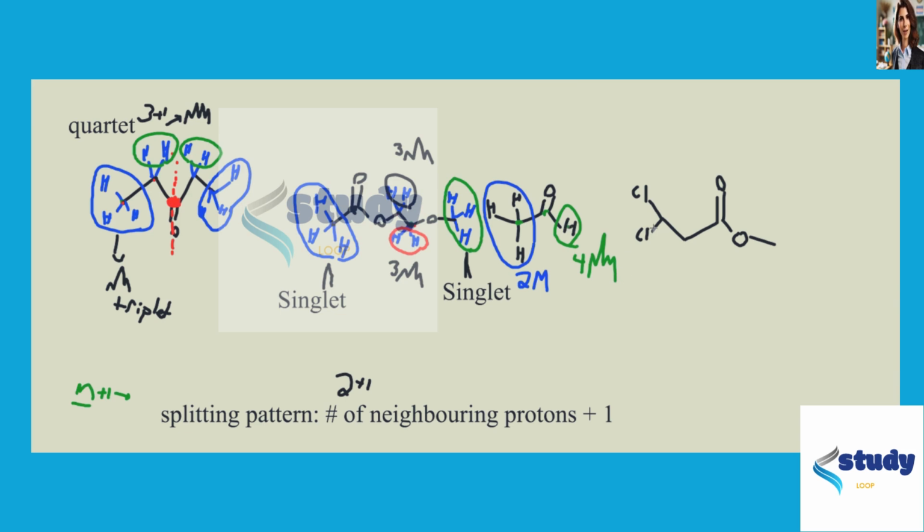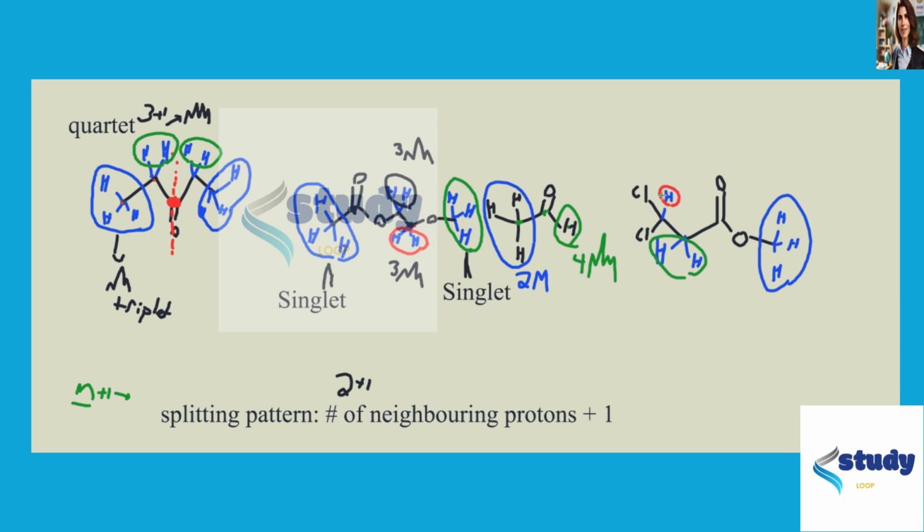So this last example, let's determine the number of unique protons. We have these 3 protons being unique from these 2 protons, which is also unique from this single proton up here.